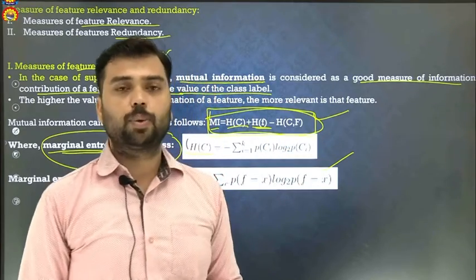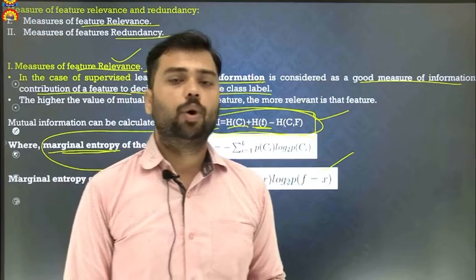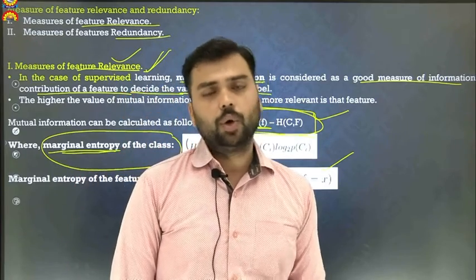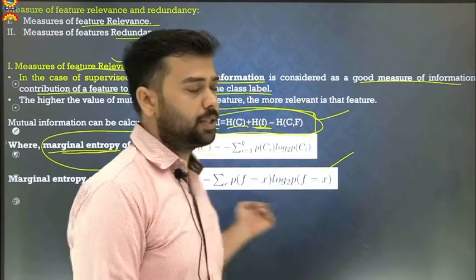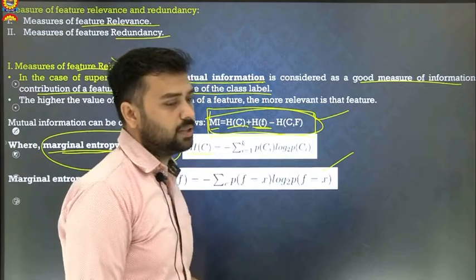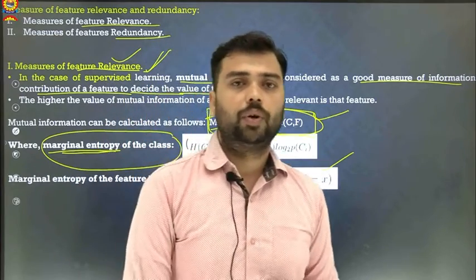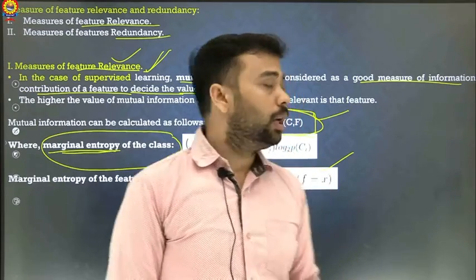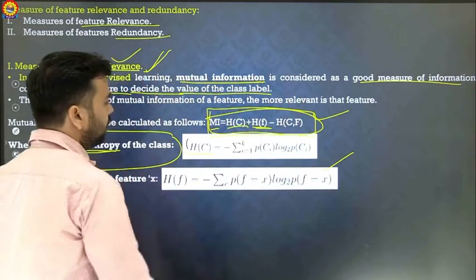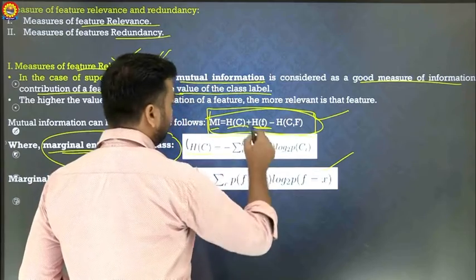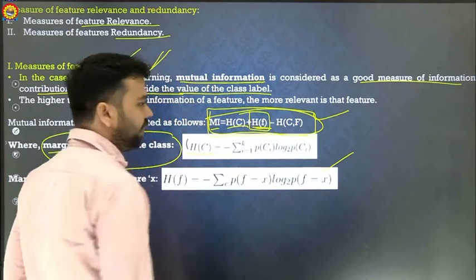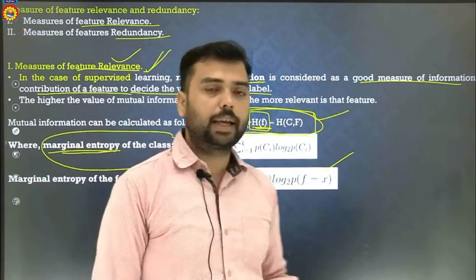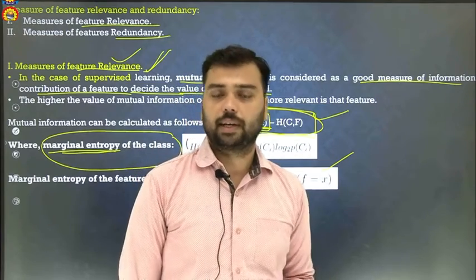But in the case of unsupervised learning, we don't have the class marginal entropy, because in unsupervised learning we don't have the label value, we don't have the class labels. So this formula is reduced simply to the marginal entropy of the features, because in unsupervised learning we don't have the class labels.